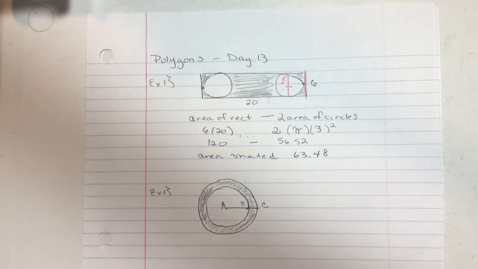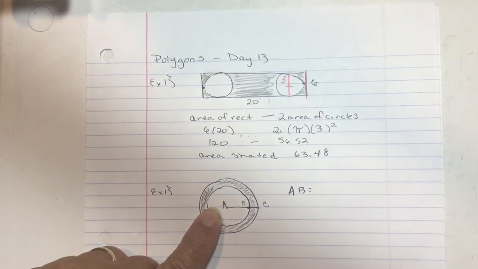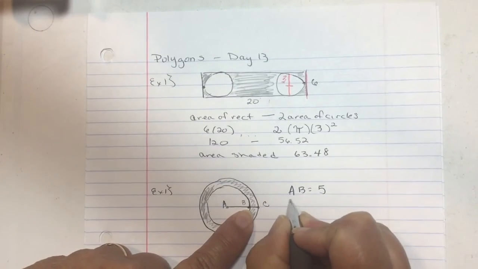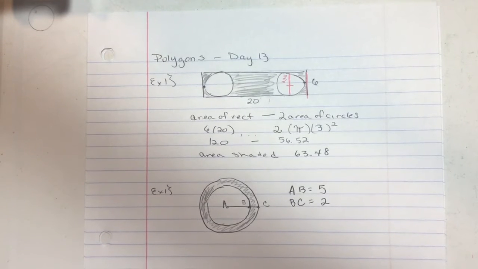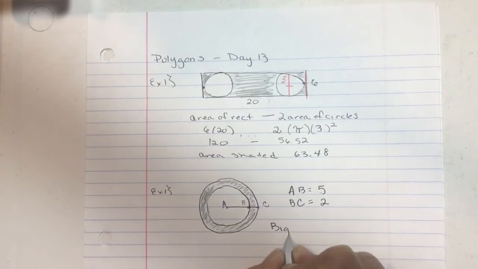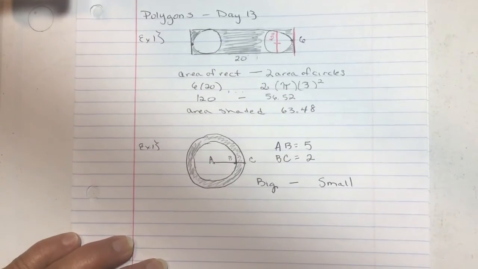So we need to know some of the radii. Well, from the A to the B, we're going to let be 5 inches. And from the B to the C, we're going to let be 2 inches. So you're going to have to take the big circle and minus out the small circle.